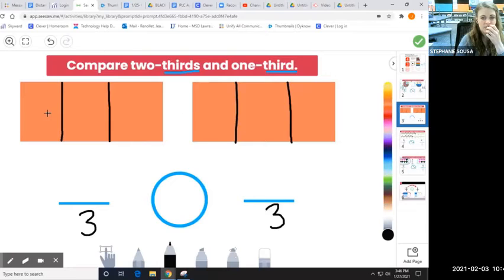On the left side of my screen, I'm going to represent and show 2 1/3. Remember that each part is called the unit fraction. Each one of these parts is 1/3.